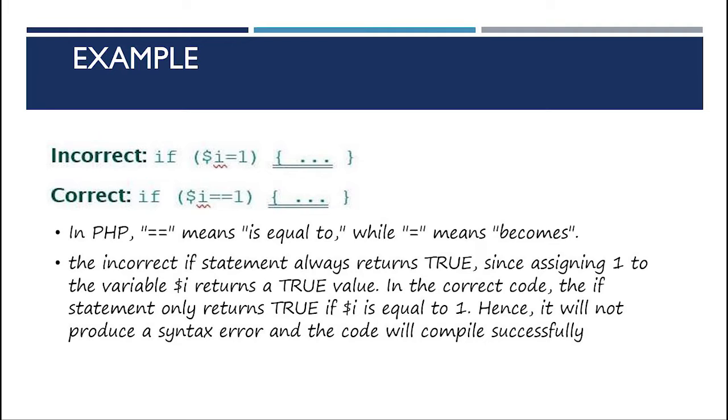The incorrect if statement always returns true, since assigning 1 to variable $i returns a true value. In the correct code, the if statement only returns true if $i is equal to 1. Hence, it will not produce a syntax error and the code will be compiled successfully.